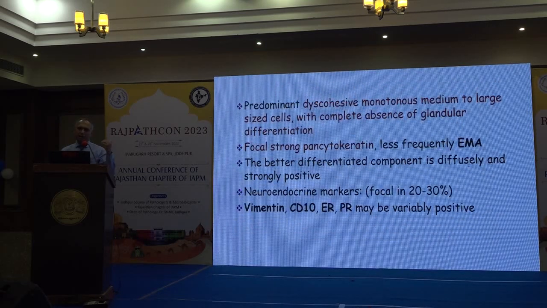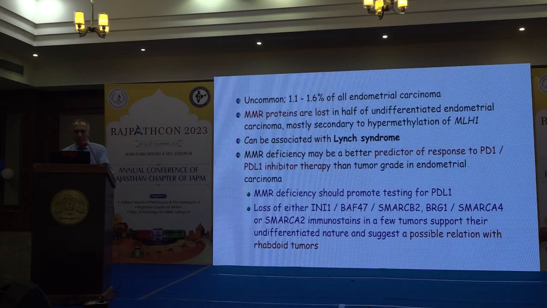Unlike high-grade endometrioid adenocarcinomas, they more often consist of discohesive monotonous medium to large cells. They show the IHC profile as I've shown in the pictures earlier. They may also express neuroendocrine markers, by the way. So they are relatively uncommon. About half of them would show MMR loss.